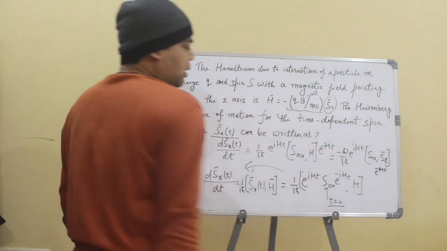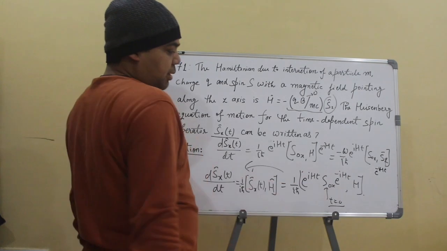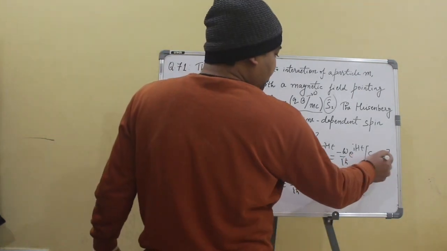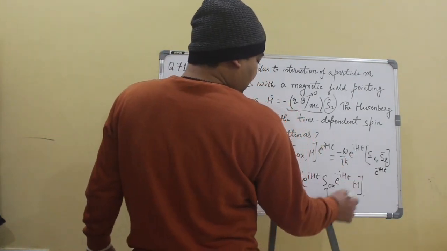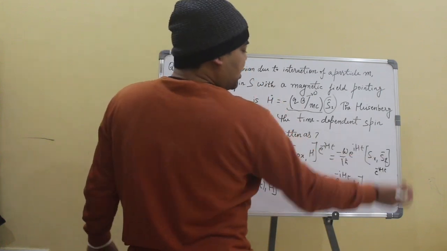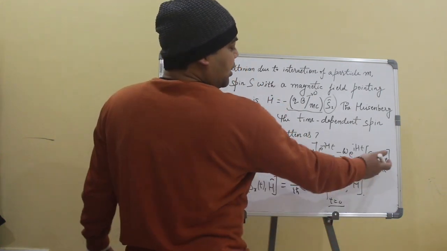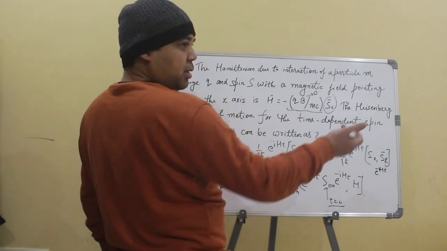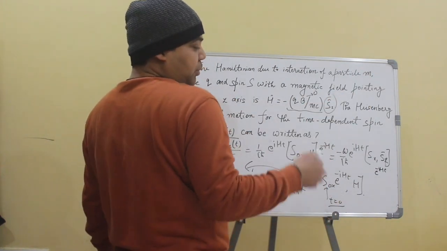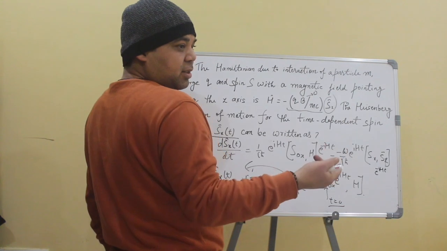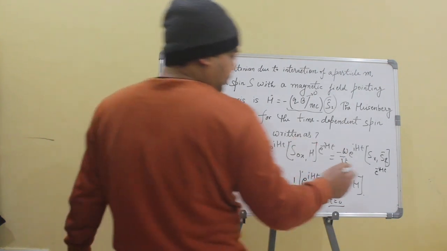Now this S naught x Sz, or you can say the commutator of Sx and Sz at time t equals to 0, is what? It is minus i h cut Sy.